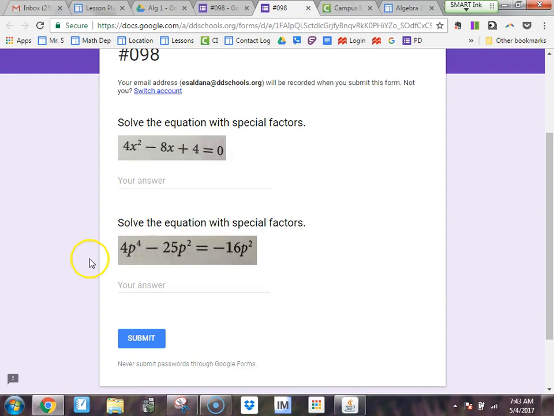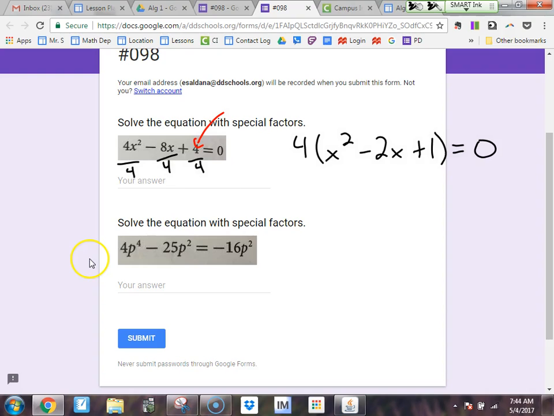And actually, I can't divide by x because this one does not have an x attached to it. Had it had an x, then I could divide by it. But I can divide by 4. So I'm going to divide every one of these terms by 4. So that would be 4 on the outside, x squared minus 2x plus 1.